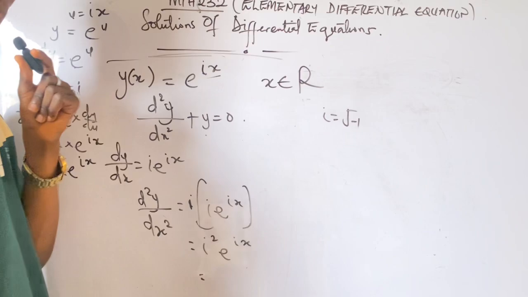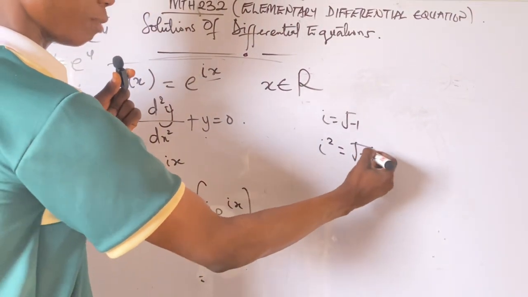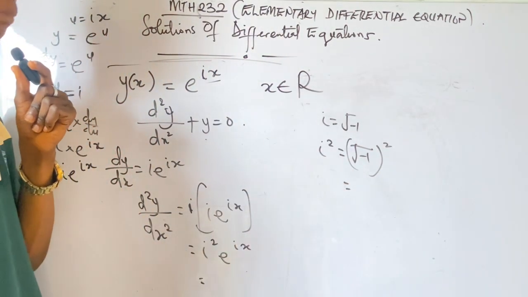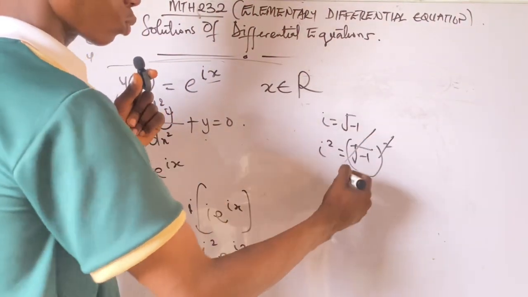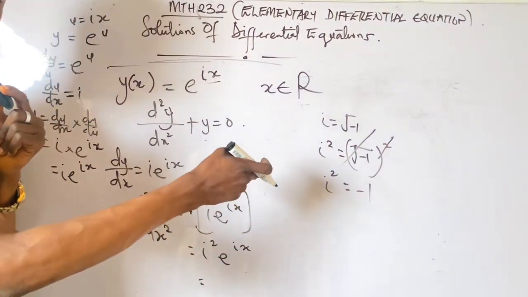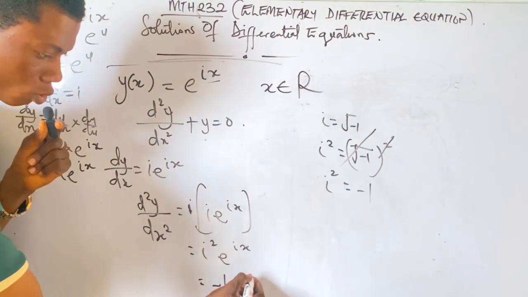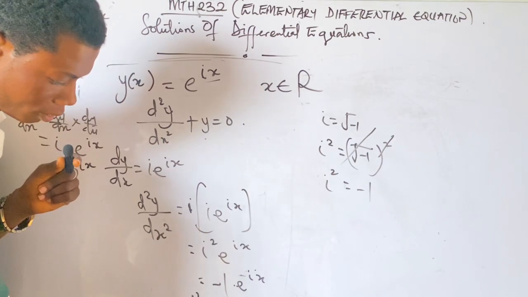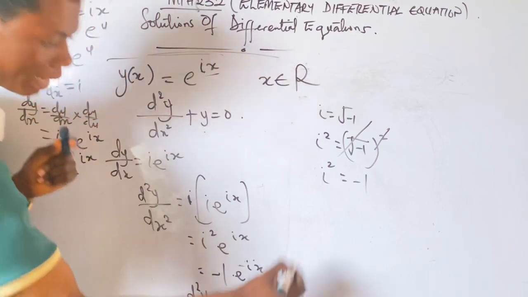Now, i² is equal to what? The square root of minus 1, squared. These are known parameters, but I said we should always show it so you won't be lost. Squared cancels the square root, so we are left with minus 1. That means anywhere I meet i² in the whole universe, I know it is going to be minus 1 times e^(ix). Hence, d²y/dx² is equal to minus e^(ix).